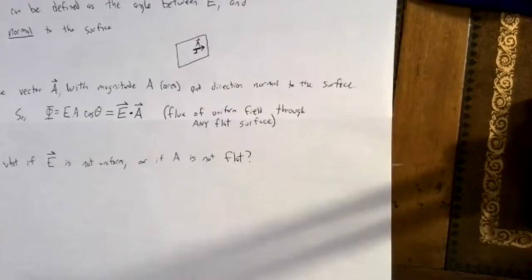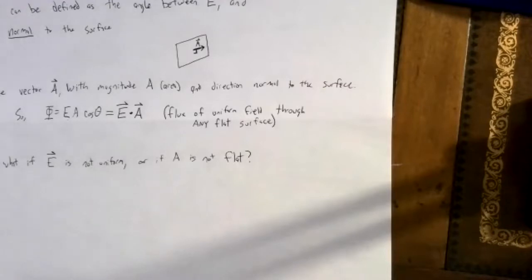What if instead of one flat rectangle, it was two rectangles kind of pasted together? Then we get the separate area equation for the different shapes. Exactly. If we had two rectangles pasted together, we would calculate the flux through the first one and the flux through the second one, and then add them up.